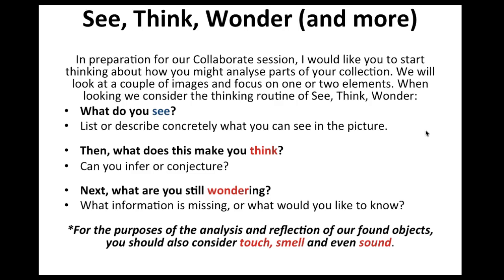And next, what are you still wondering? So what information is missing or what would you like to know? And so for the purpose of our analysis and reflection of found objects, we also need to consider other senses such as touch, smell, and even sound is a good one too. So when you're looking at yours, you'll think about this a little more deeply.